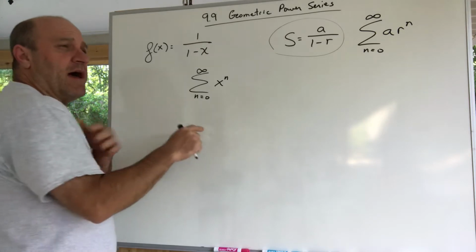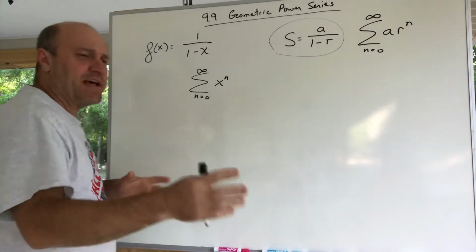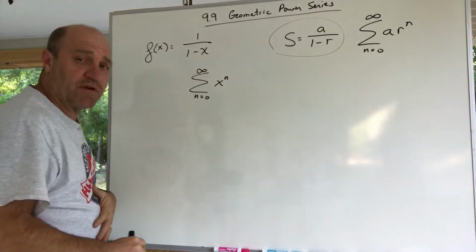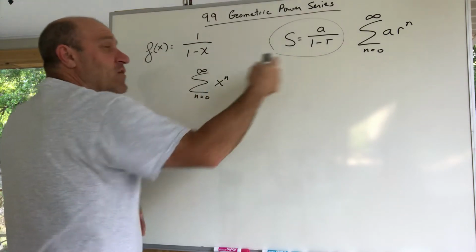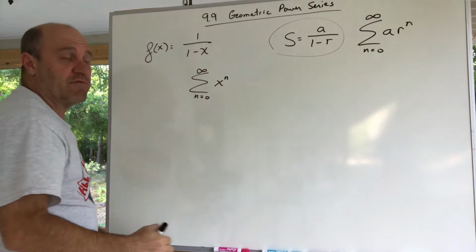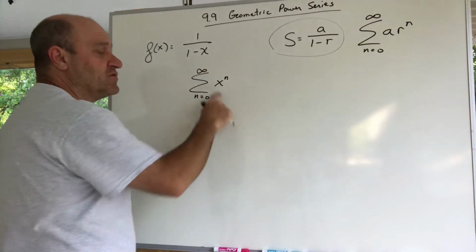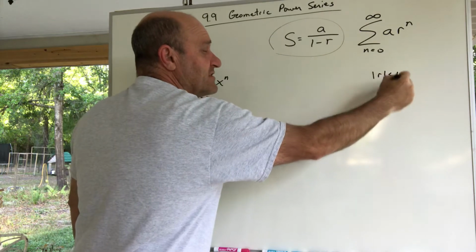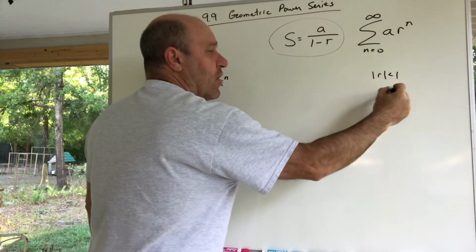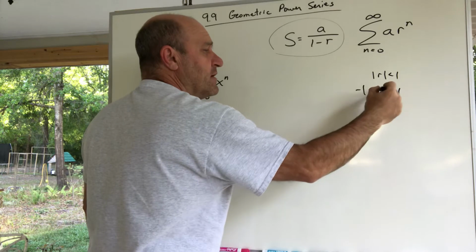Well, back in 9a, we would do a ratio test to find the interval of convergence. But again, if this is a geometric series, we know when a geometric series converges. A geometric series converges when the absolute value of r is less than 1, or you could say when r is between -1 and 1.